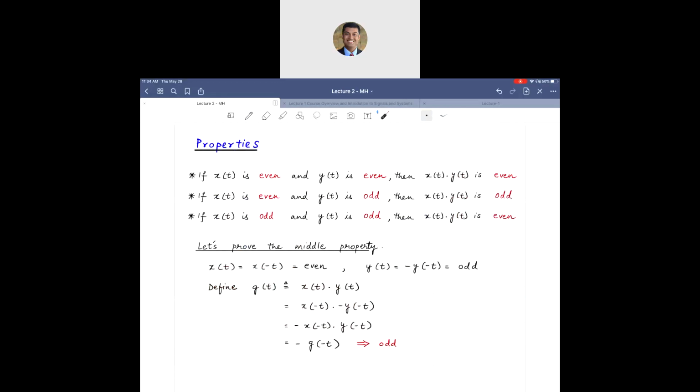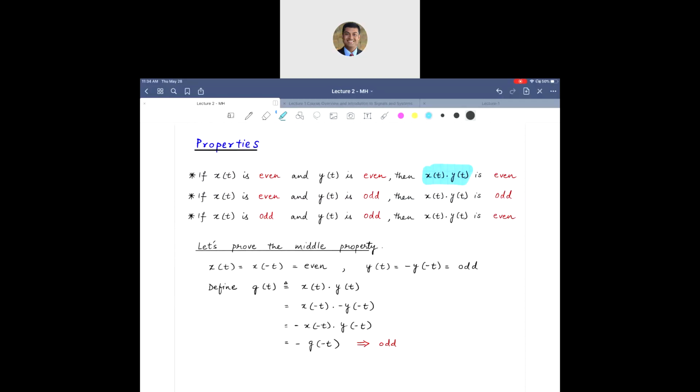Now, some properties about even and odd signals. If we are multiplying the signals x of t and y of t, and if you have a situation where x of t is even, y of t is even, both are even, then the product of those signals, which means essentially you are multiplying each time with each corresponding time in y of t, x of t1, y of t1, x of t2 multiplied by y of t2, and so on for all time.